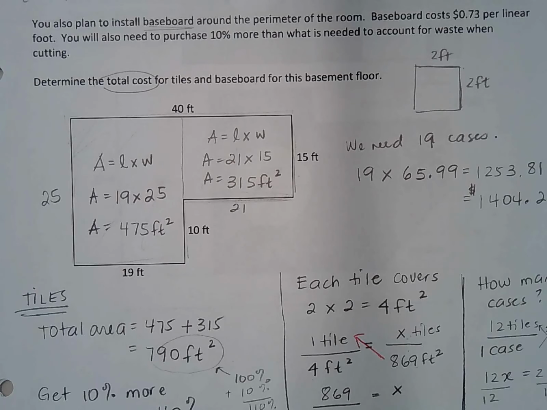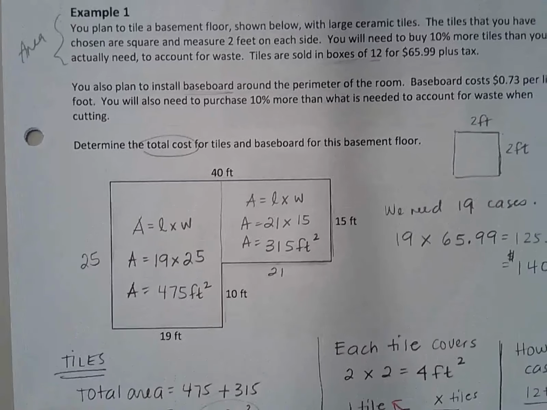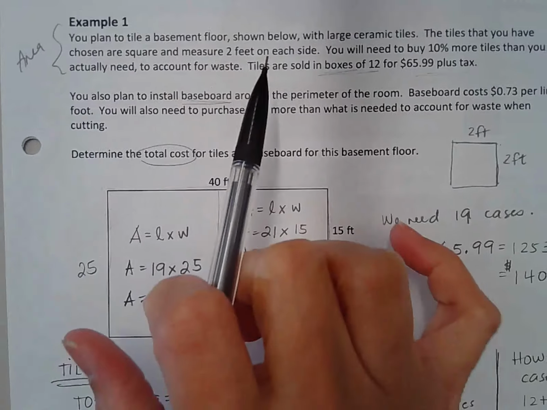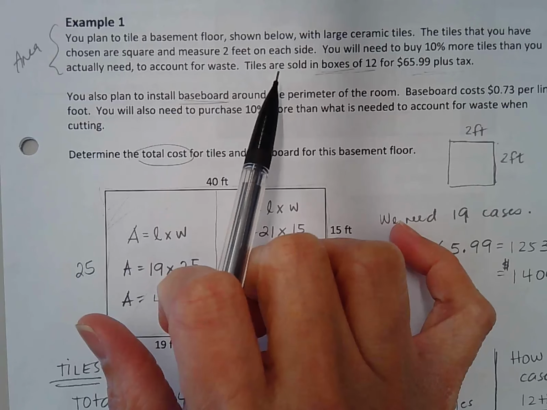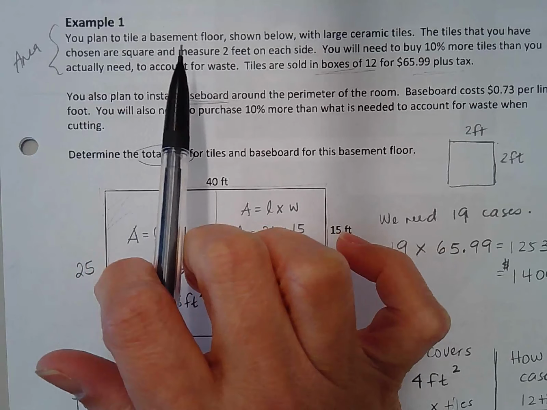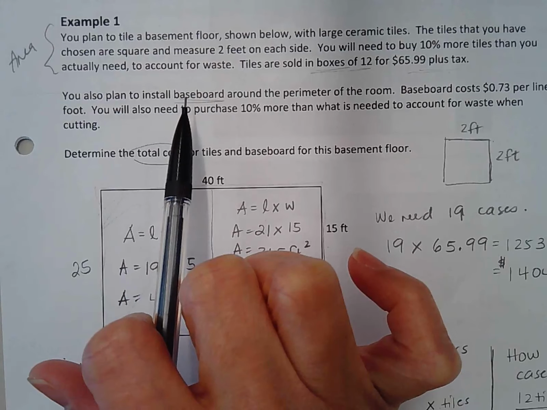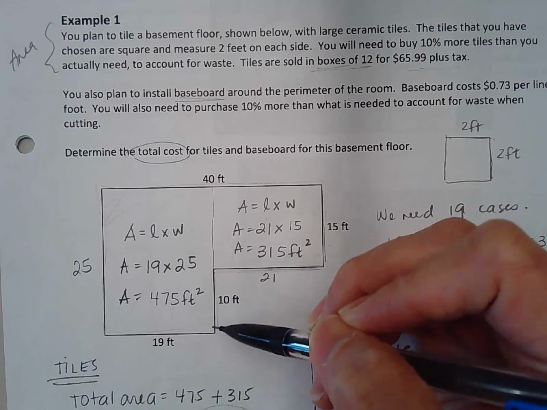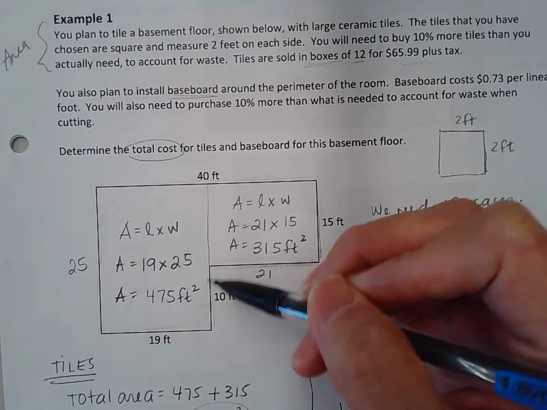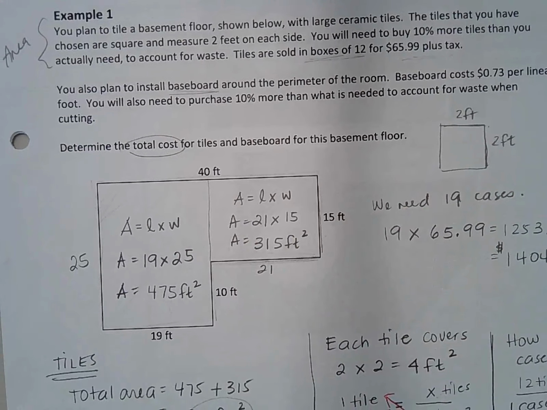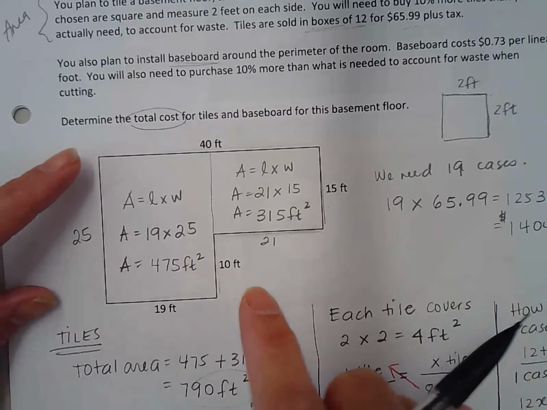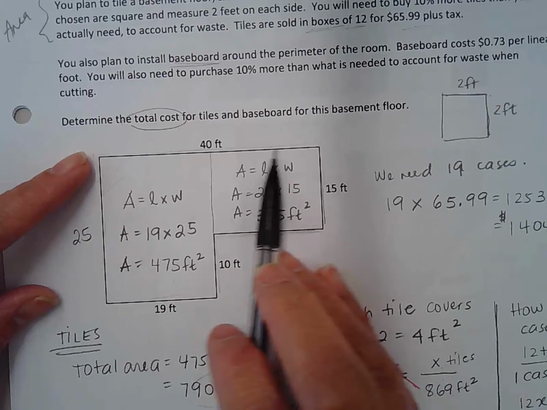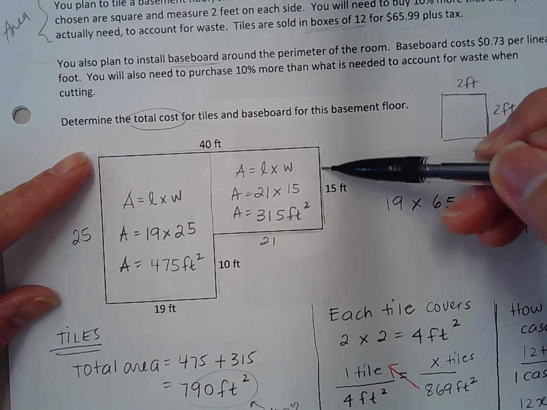We are in the part where we not just figure out the area, the tiles, but we also need to put the baseboard, and baseboard is used around the perimeter of the shape. So in this particular case, we figured out, oh well, this is 40, this is 15.